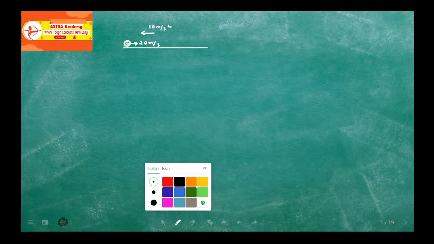If the velocity is decreasing per second by 10 meter per second, it means if I assume this as t is equal to 0 second, then at t is equal to 2 second the velocity will become 0, right? Is that clear to everyone? Please reply in the chat box.